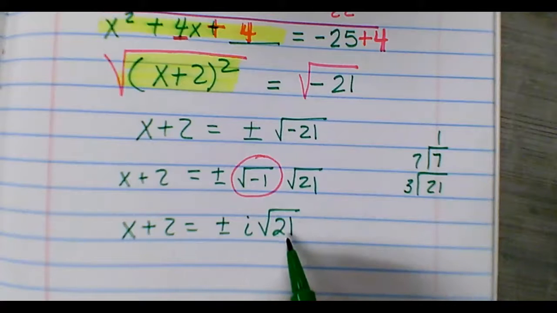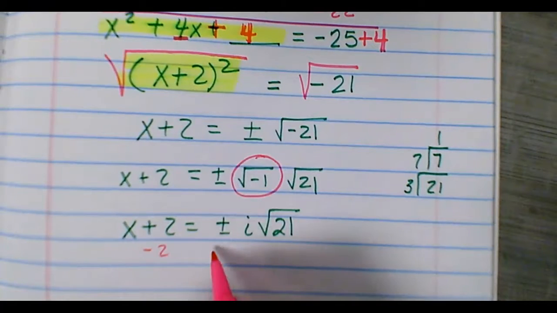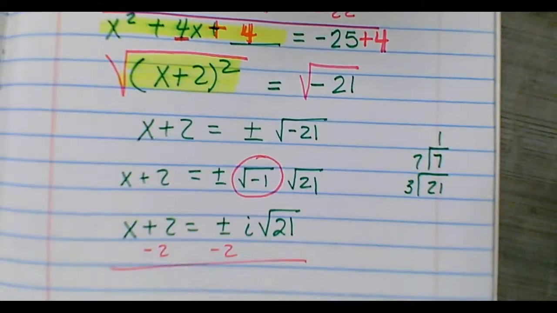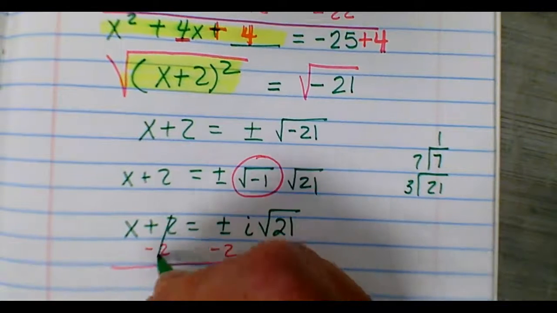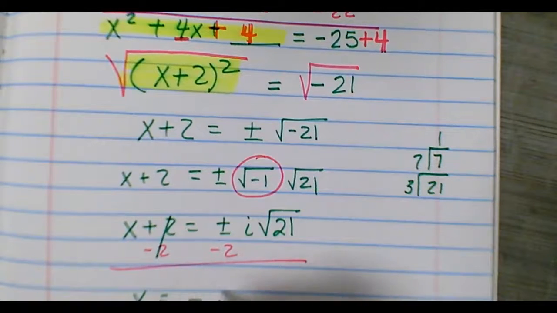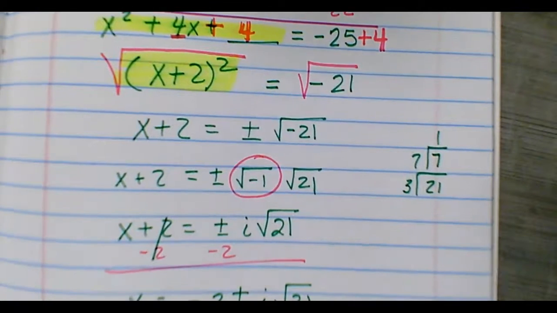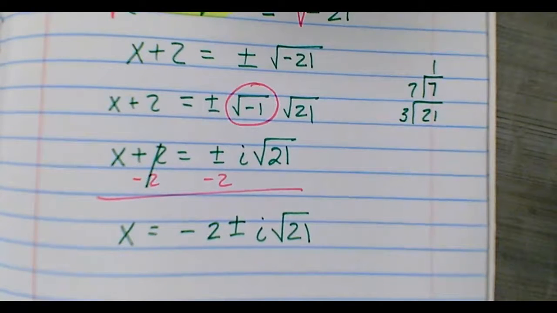This does not simplify. I'm solving for x. There's one final step. Subtract the 2 from both sides, and x equals negative 2 plus or minus i square roots of 21. That's the answer. It's not beautiful, but that's the answer.